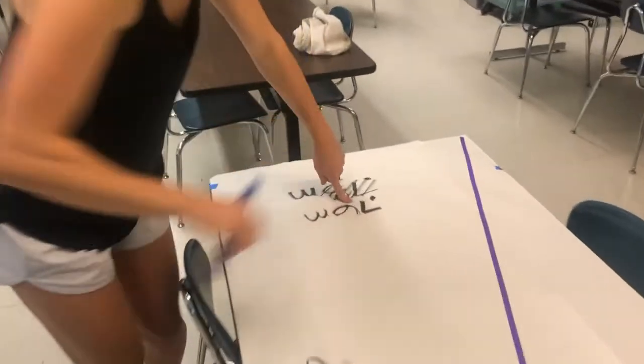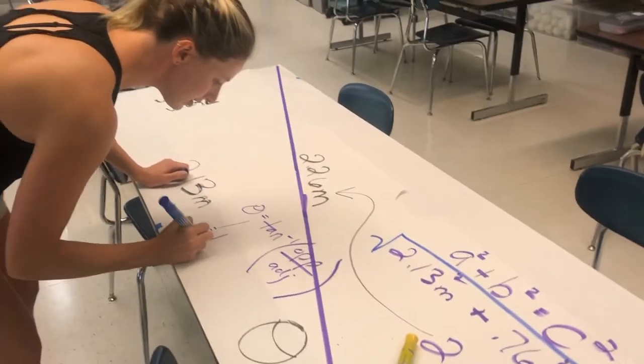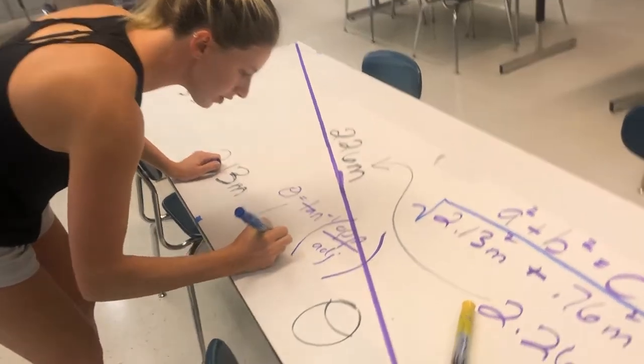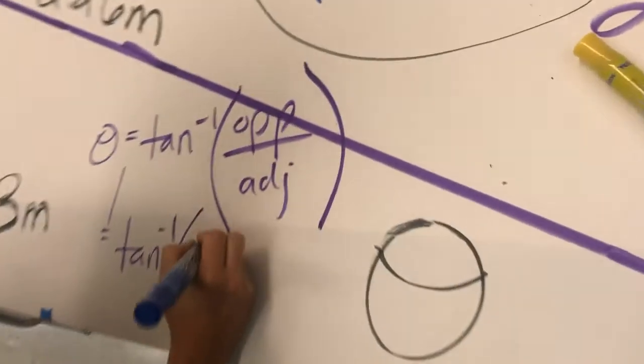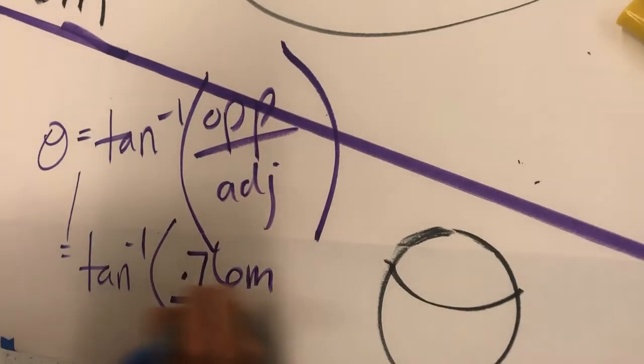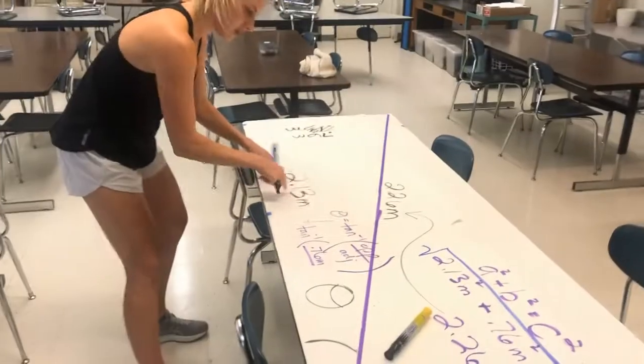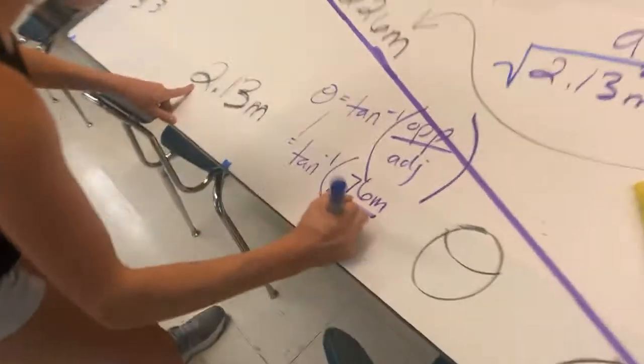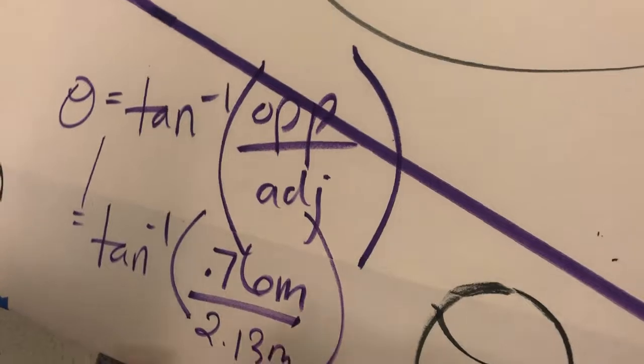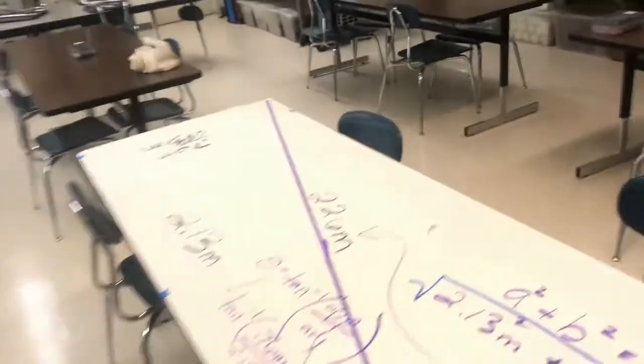And how much is that? 0.76 meters. So I'm going to say tangent -1, 0.76 meters divided by my adjacent, the long side, 2.13 meters.